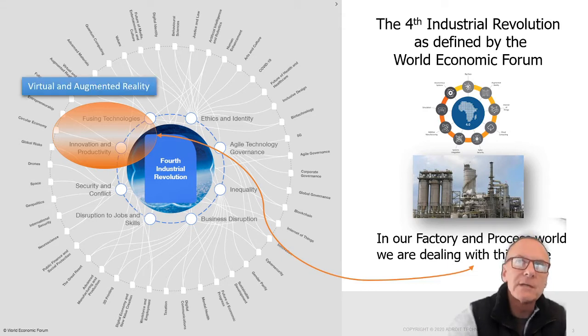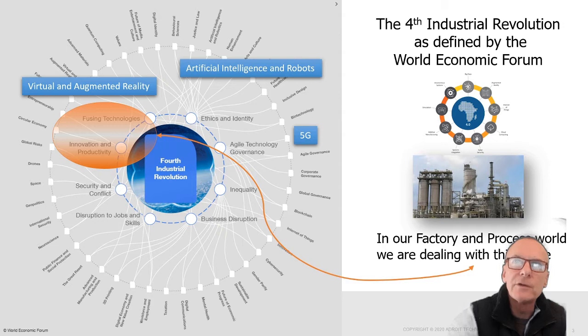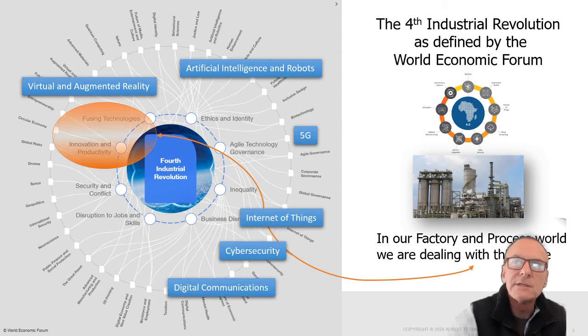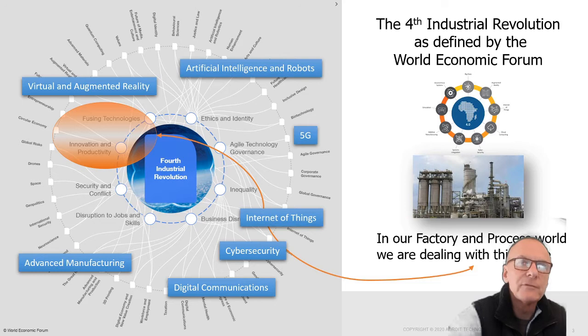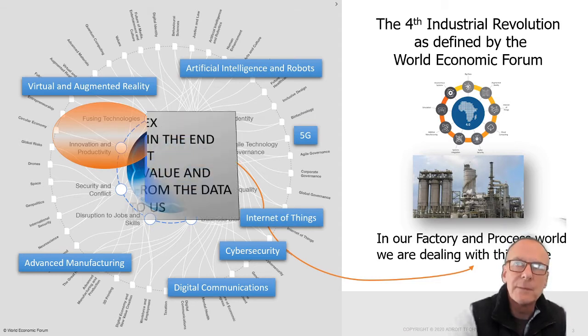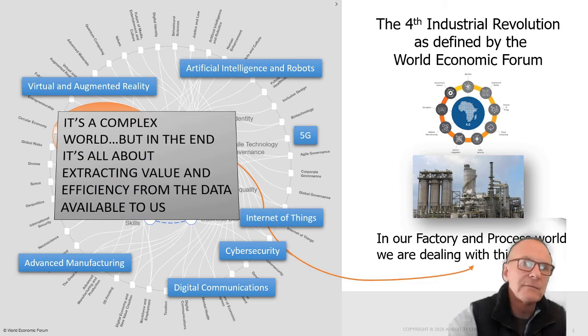On the outside, the ones that we really are focusing on are these 7, which are virtual and augmented reality, which you've heard a lot about; artificial intelligence and robots; 5G, which I think will make a big difference, though it's just part of the communications; the Internet of Things; cybersecurity, which will impact us; digital communications; and advanced manufacturing. So you can see we are dealing with a small subset, and it's a very complex environment.